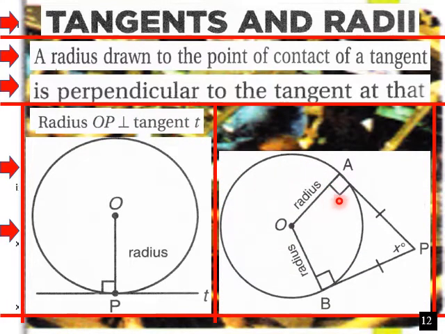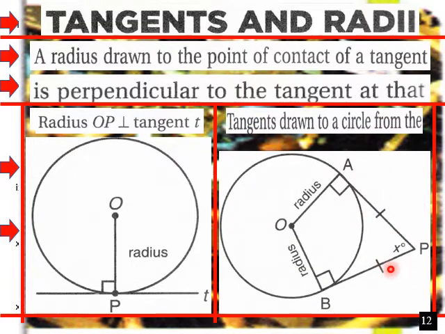In this situation, we have a radius here, and then we have tangents here, and both are perpendicular to each other. So AP is perpendicular to OA, OB is perpendicular to BP, and these are congruent, and we have X degrees there.